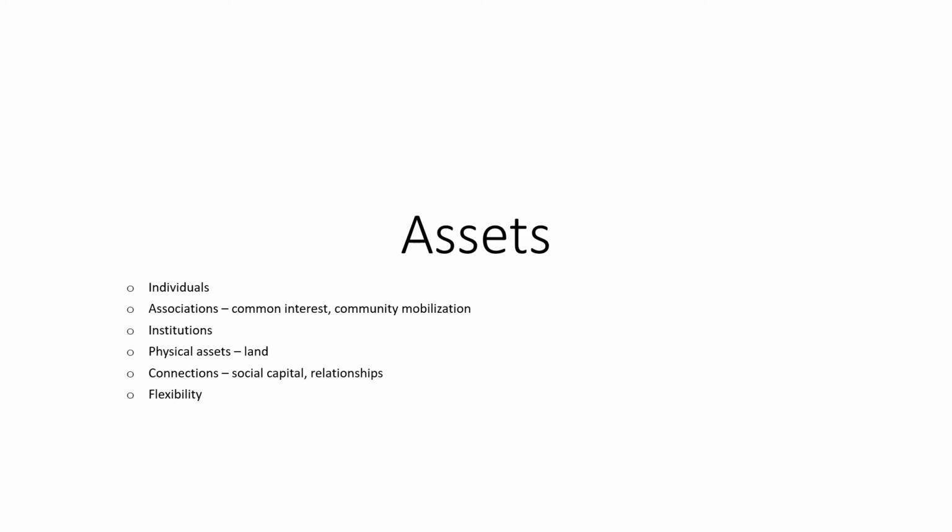What assets and capabilities are to be found within the ABCD approach? The assets and capabilities are viewed in ABCD as useful to identify within the community itself. Most of these assets I've already discussed in earlier slides, but let me highlight some of them. The first one is the individual.